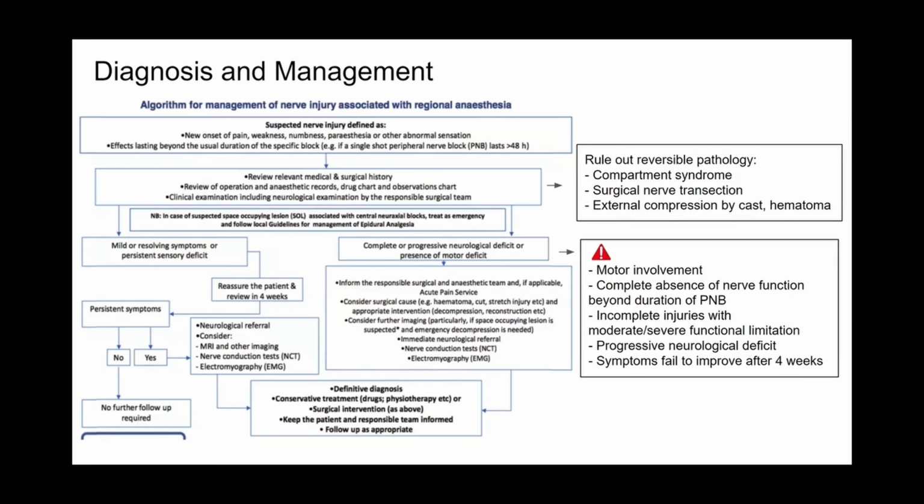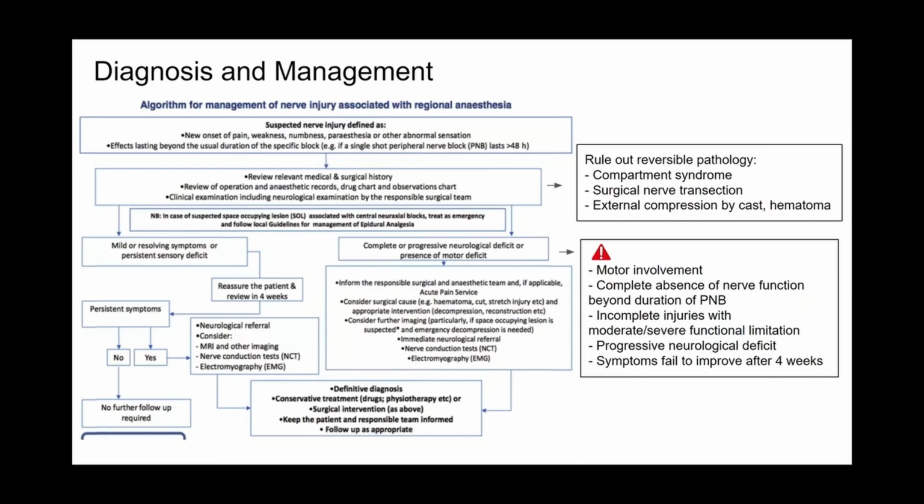And then we also have to review our anesthetic records and look at when the peripheral nerve blockade was done, what needle was used, and what kind of modalities were used to aid our peripheral nerve blockade, for example, ultrasound or nerve stimulation. What was the concentration of the local anesthetic and volume used? And whether the patient already had a neurological deficit prior to our peripheral nerve blockade is also important.